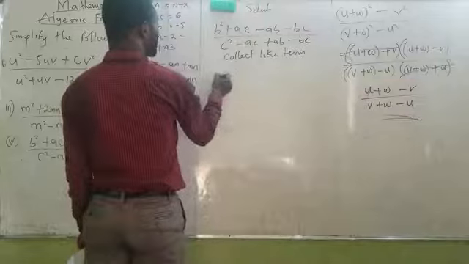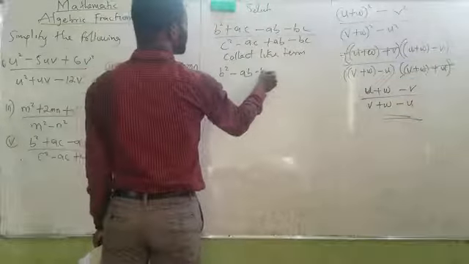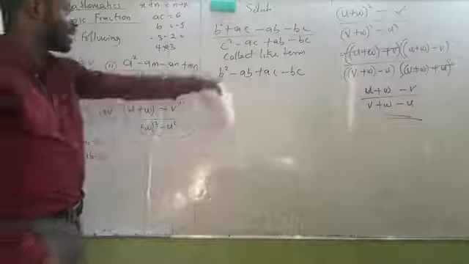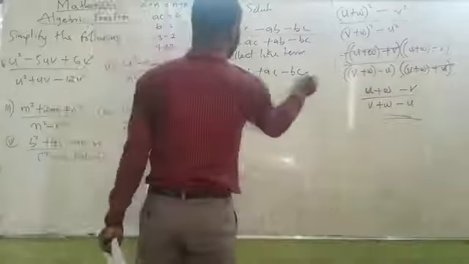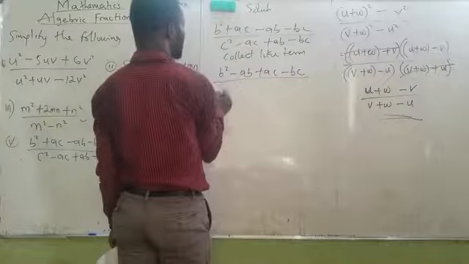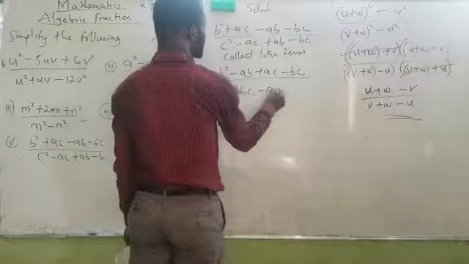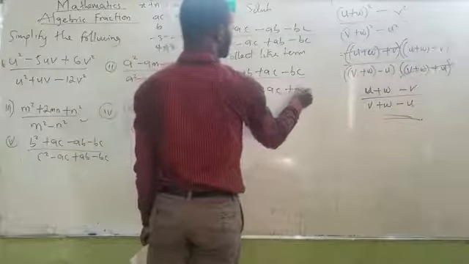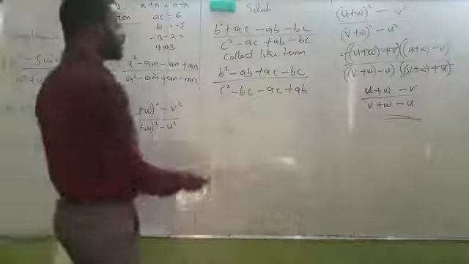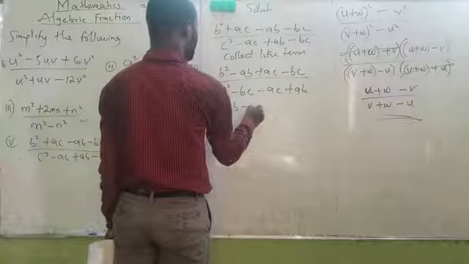Now, I have b squared minus ab plus ac minus bc. And you see, I just try to collect a's, b's, and so on and so forth. Divided by what? I have also this one, I can say that c squared minus bc minus ac plus bc. Can you see? I just try to do something fine there. Now, this, I'll be having b bracket of b minus a.